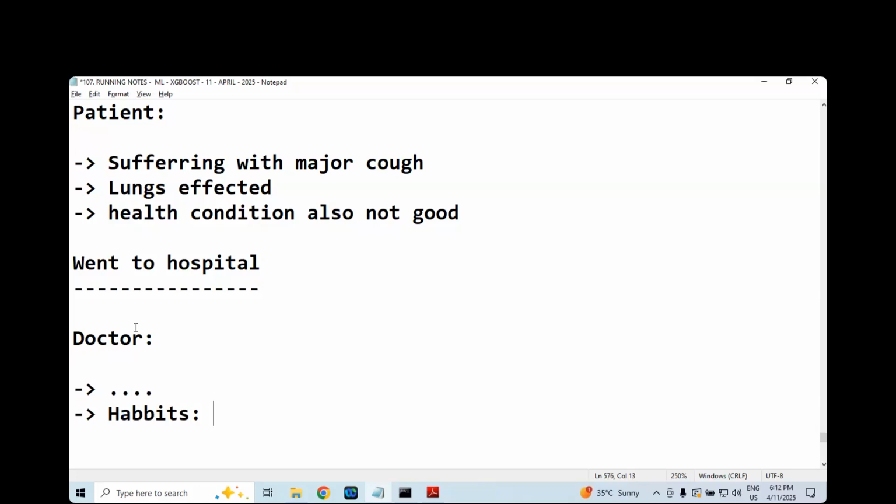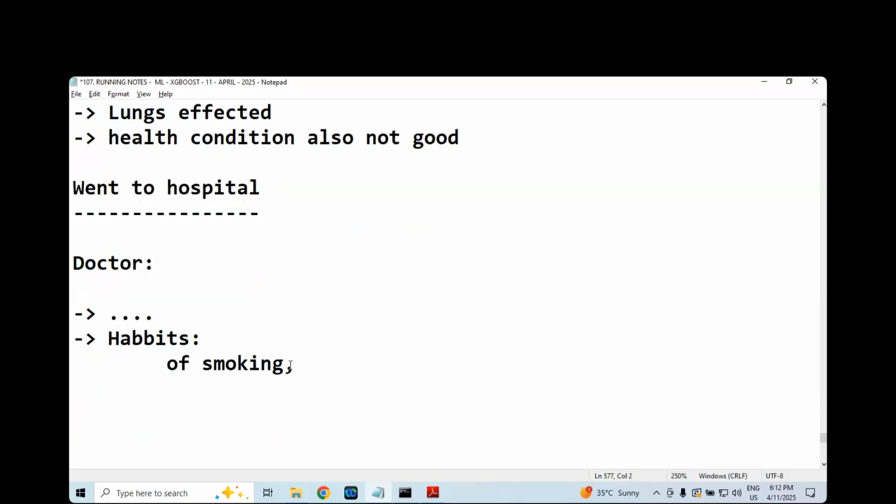Do you have the habit of smoking? The next question: tell me, do you have the habit of drinking? Even during this time, the patient's answer will be not normal, sir. Chain smoker. With the doctor, you should not lie. Talk openly. Otherwise, it's a gone case.